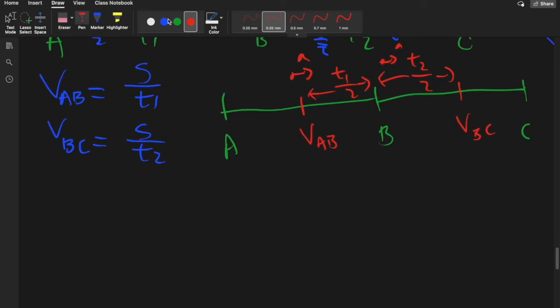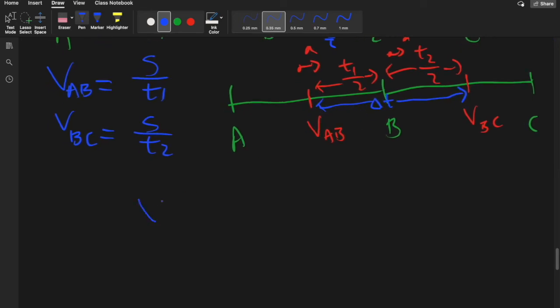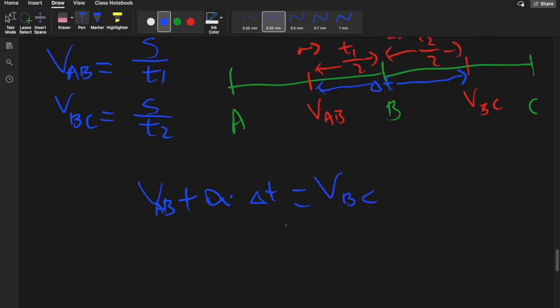So if we say the big time interval here is delta t, then we know that VAB plus acceleration times delta t must be equal to VBC.